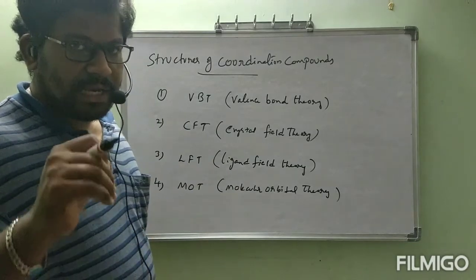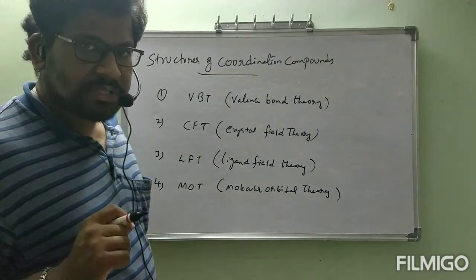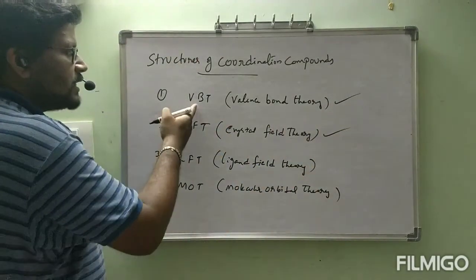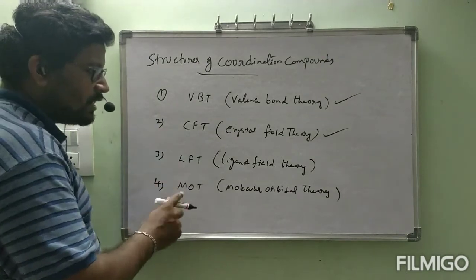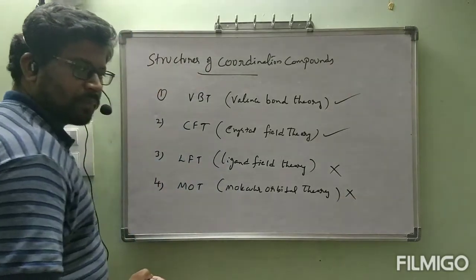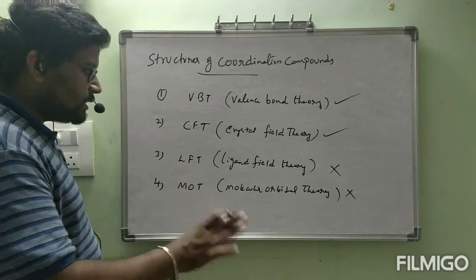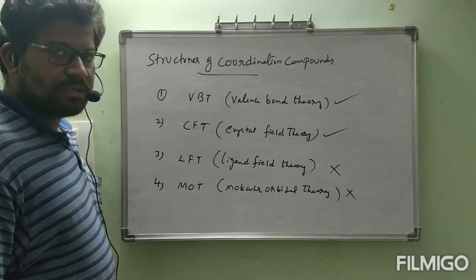But here, in our 12th standard, even in NEET, IIT and advanced level also, we have only two theories. Those are valence bond theory and CFT, crystal field theory. LFT and MOT will be explained in higher classes. If you choose chemistry as a major subject, in those classes you study LFT and MOT, which I studied in my post graduation.